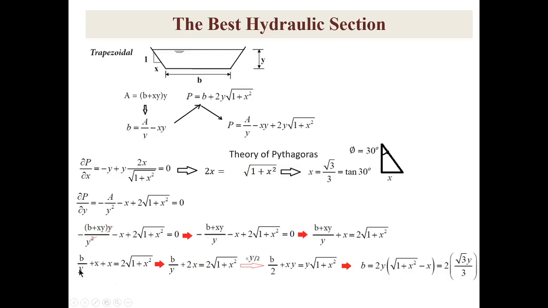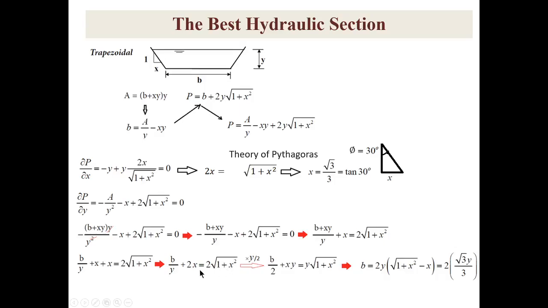B divided by y plus, I can cancel out this y with this y, and then I have an x here. And therefore, the new form of this equation is something like this: b over y plus x equals 2 root 1 plus x squared.